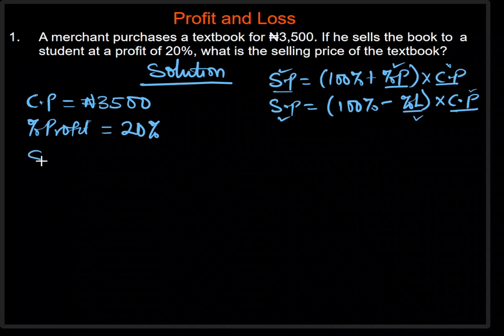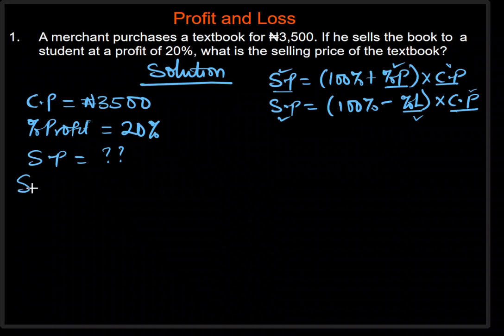So we have to find the selling price. The method we used in the last class, if we change the percentage profit to profit, since it's profit, the selling price is bigger than the cost price, we can add that to the cost price. But we'll not be looking at that, we'll be looking at this method.